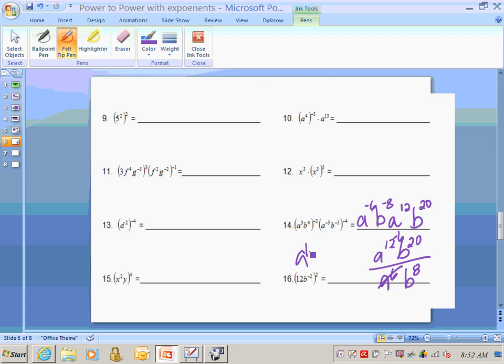I have a to the 6th on top. Take 8 away, take 8 away. I have b to the 12th. You see what I'm saying? There are so many different ways to do these problems. As long as you're doing them correctly, since it's all in one term, it doesn't really have an order of operation. Just as long as you're not breaking any rules.